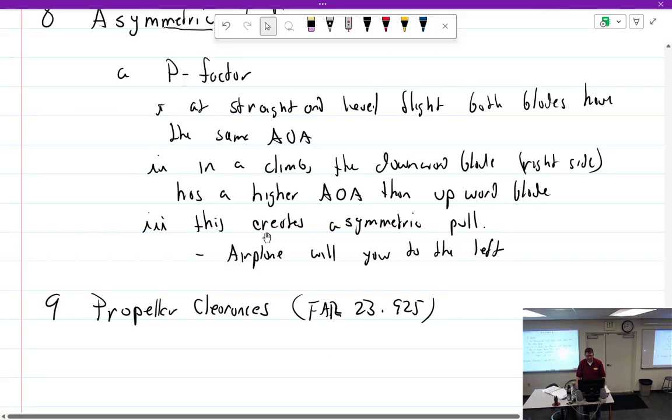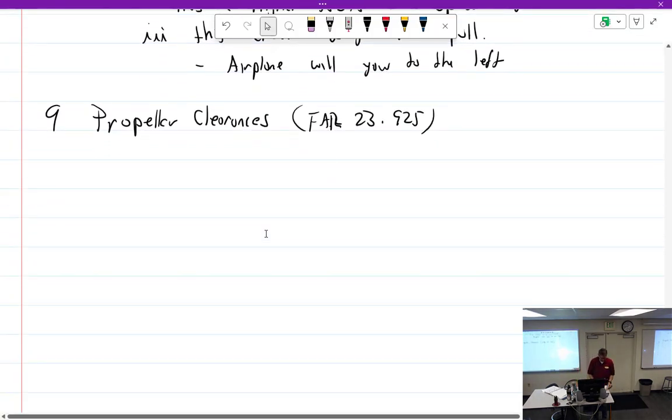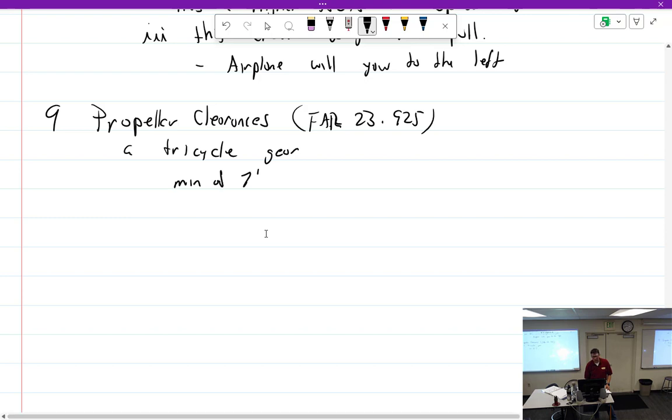So prop clearances, let's see. Got tricycle. Tricycle gear, we have minimum of 7 inches, tip to ground.